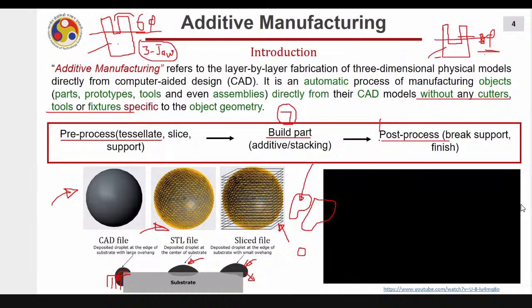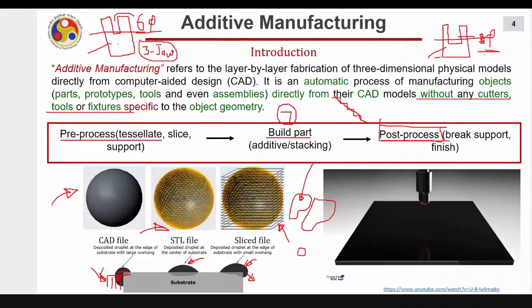So the post-processing is usually required for removing these support mechanisms, most of the time. Also, as we create the part by additive manufacturing, we get a staircase effect, meaning we create an object like this with some staircase. Hence, you sometimes need to remove these staircases and create a smooth geometry, right? So this is additive manufacturing.